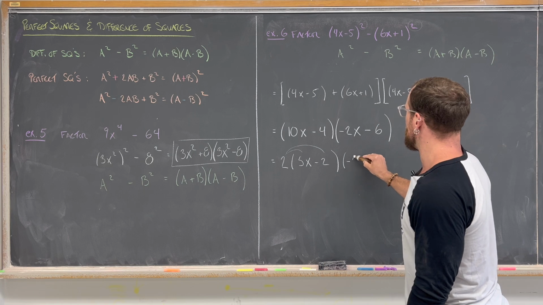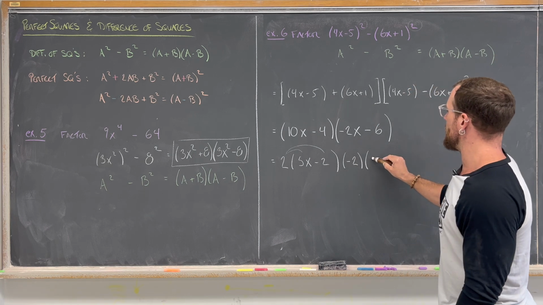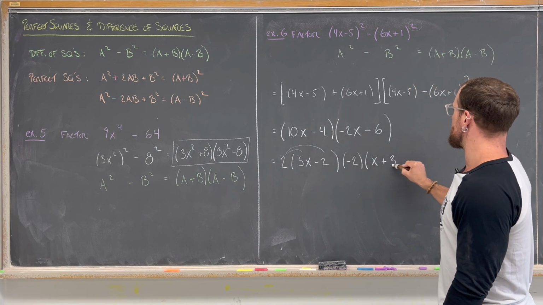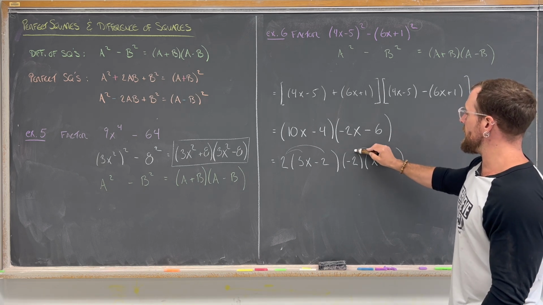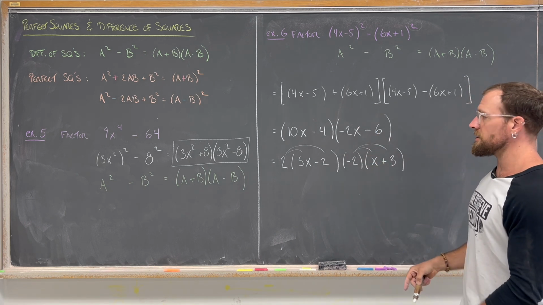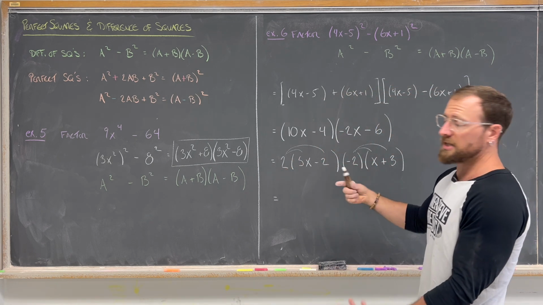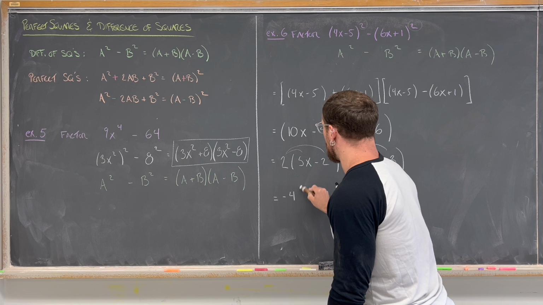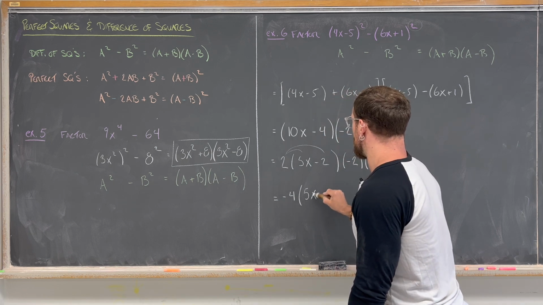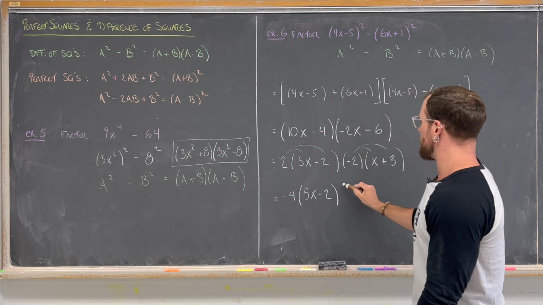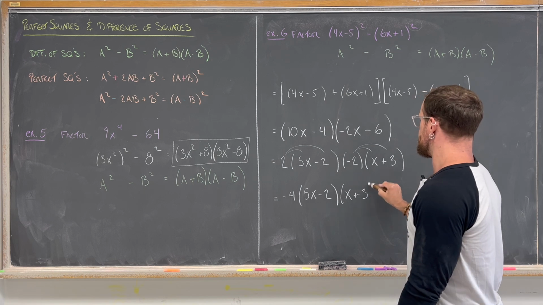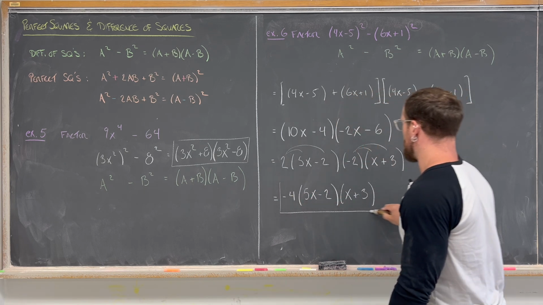Let's try pulling out a negative 2, and then I'd be left with x plus 3. Distributing that negative 2 recovers the original expression. So another way to write this would be to say, well, 2 times negative 2 is negative 4. And then I have a 5x minus 2 and an x plus 3. And now it's been factored.